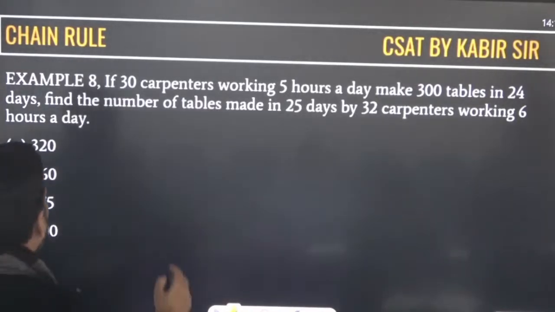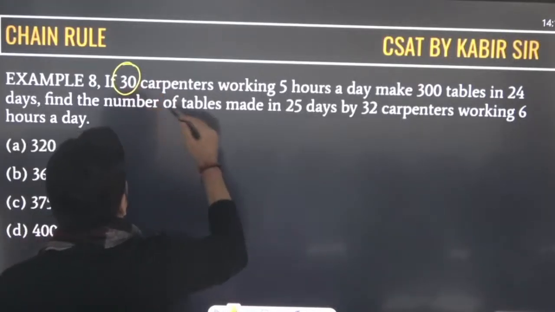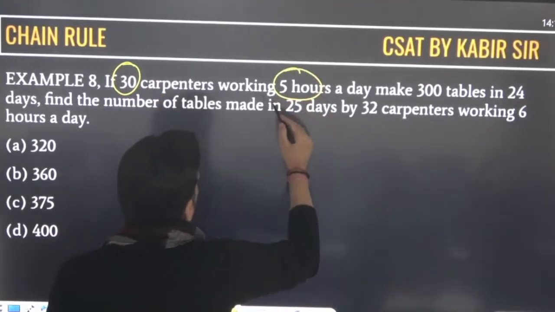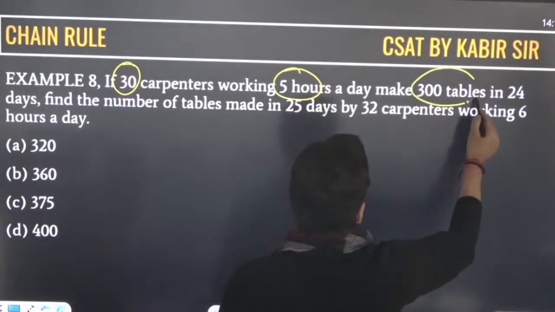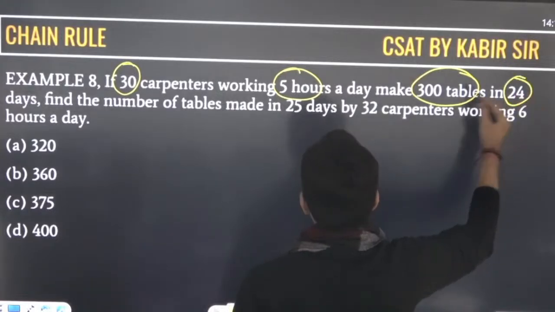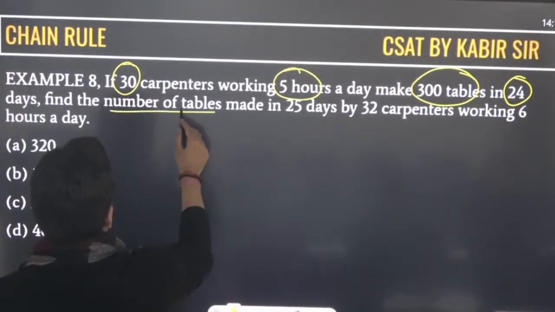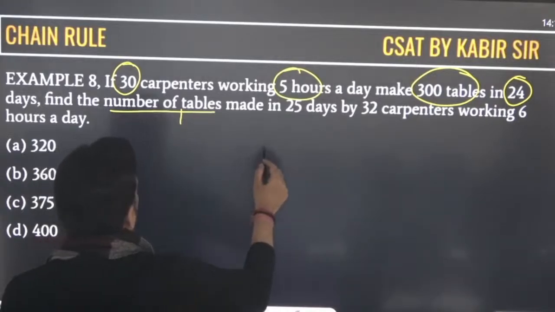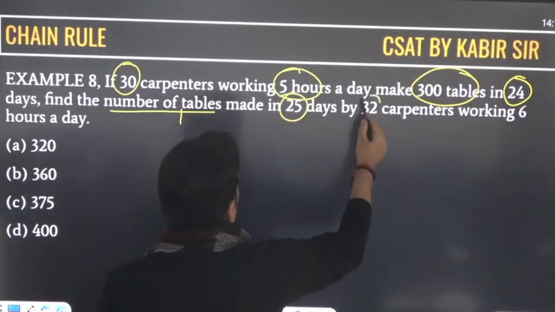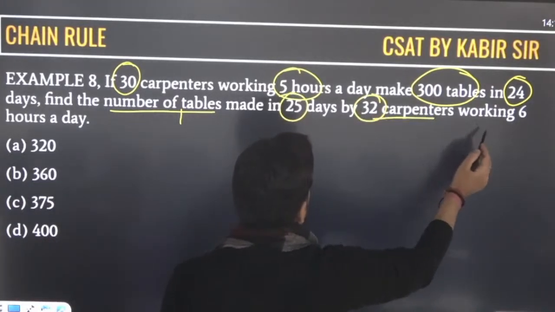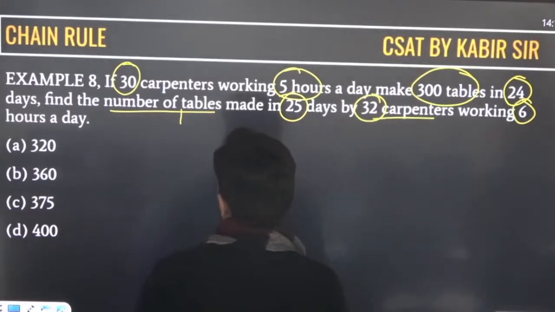Normally here I have seen that students get confused about which thing is the work. So the data: 30 carpenters working 5 hours are making 300 tables in 24 days. We have to find the number of tables.